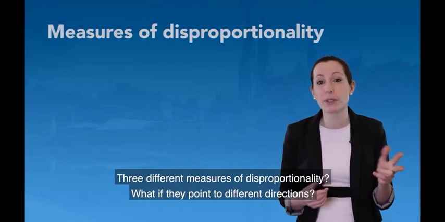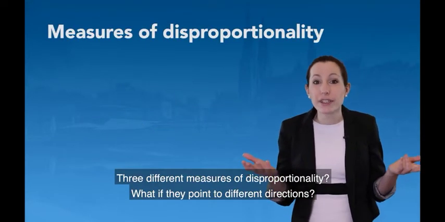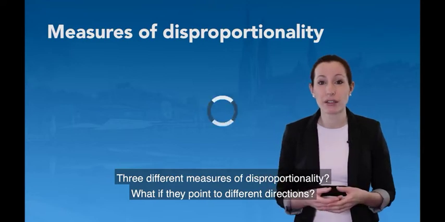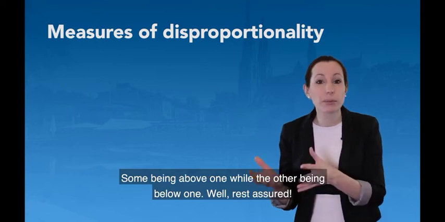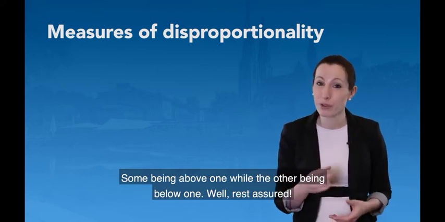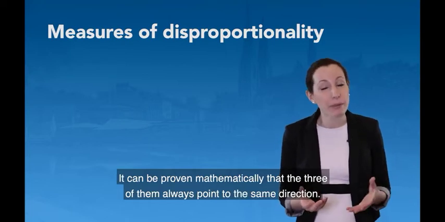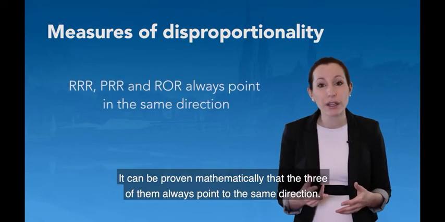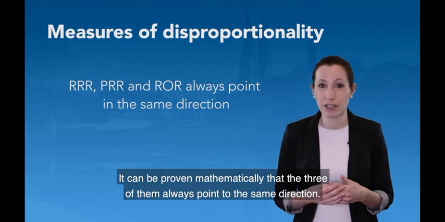At this point, you might start to worry. 3 different measures of disproportionality. What if they point to different directions? Some being above 1 while the other being below 1. Well, rest assured, it can be proven mathematically that the 3 of them always point to the same direction.